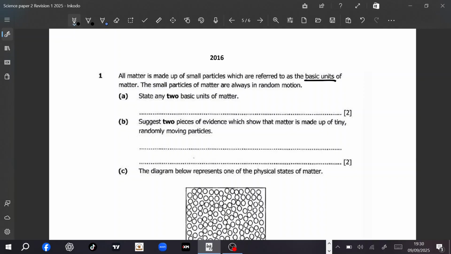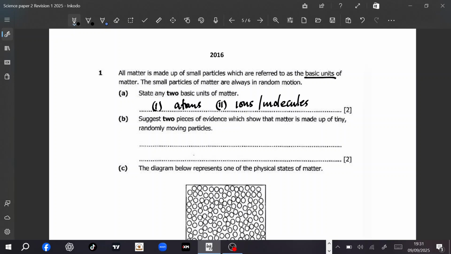So what is stated here is what the kinetic theory of matter states. So they are saying A, state any two basic units of matter. Those we talked about, they wanted two. So you can say 1, atoms. Then 2, you can either say ions or molecules.